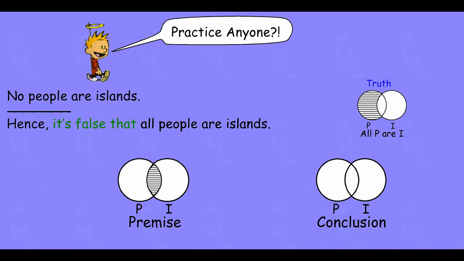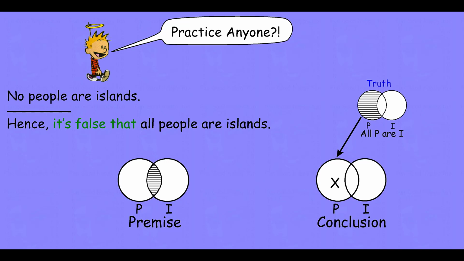Area P and only P, area 1 there in my diagram on the far left, has to be non-empty. Then if I put an X in, that guarantees that it is false that all people are islands. And that is the minimal amount that the world has to give me in order to make sure that that conclusion, it's false that all people are islands, is true.